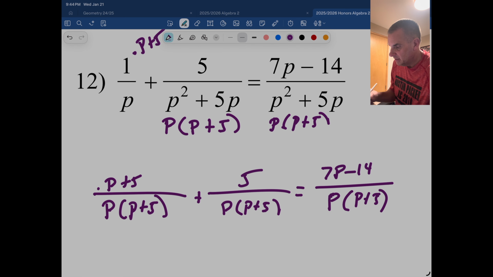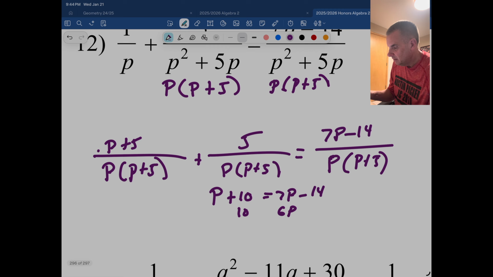So it's p plus 10 equals 7p minus 14. So that's 6p, 10, subtract 14.